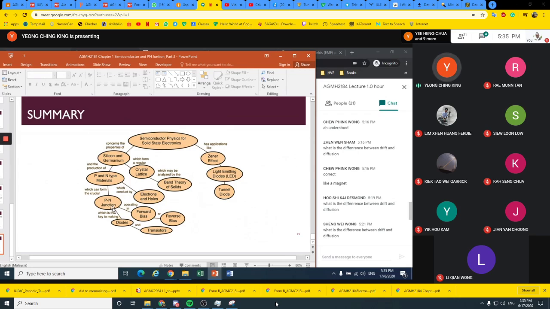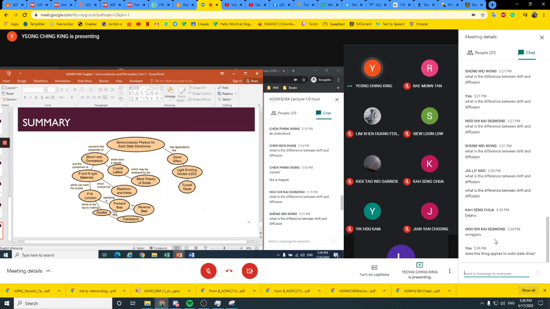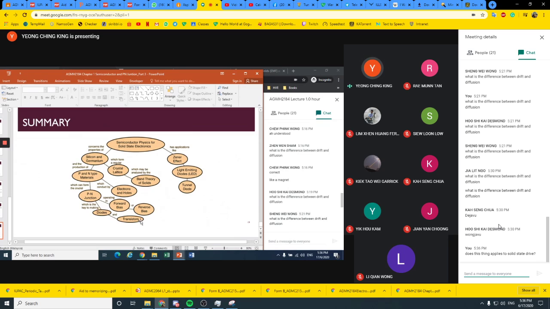When p and n type materials are placed very near to each other, they form the p-n junction, and this can be used to construct the diode. The forward bias and reverse bias conditions in the p-n junction enable it to perform in diodes and also transistors.